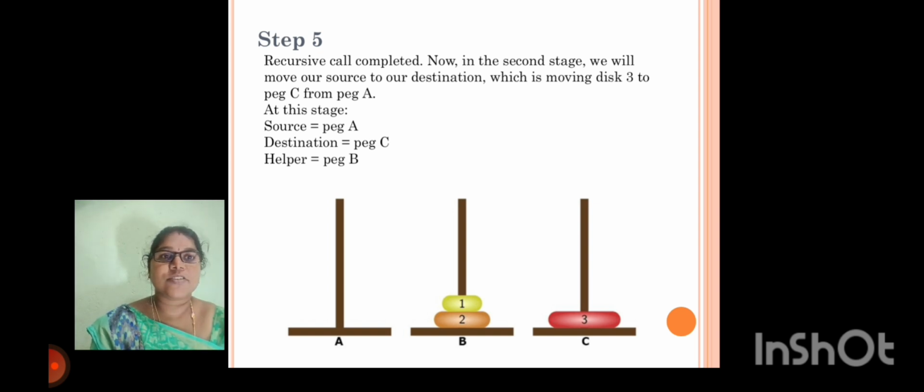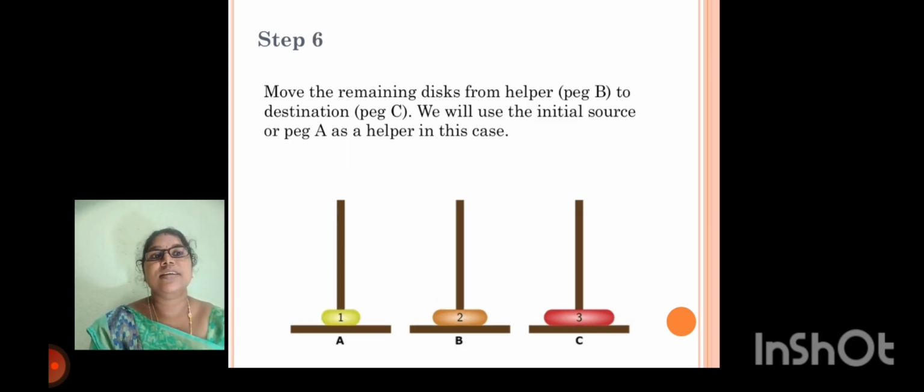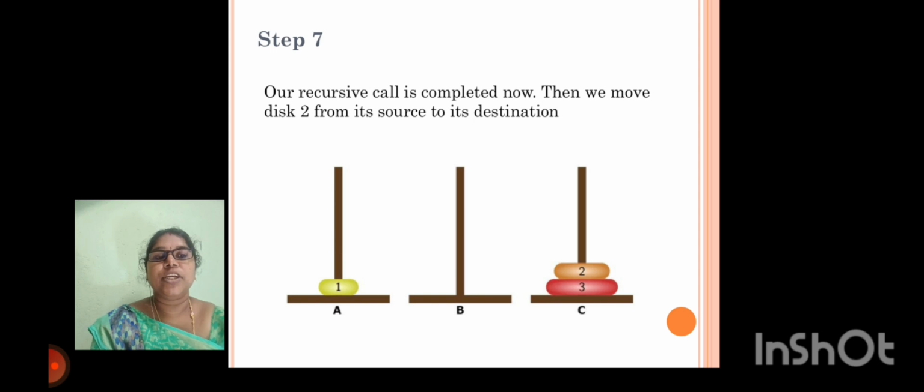We need to move all the remaining n-1 disks from B to C. In this case, we consider A as the helper, B as the source and C as the destination. By considering this, we move disk 1 from B to A because A is the helper. Then we move the disk from B to C. Now 2 disks are placed in the correct position.